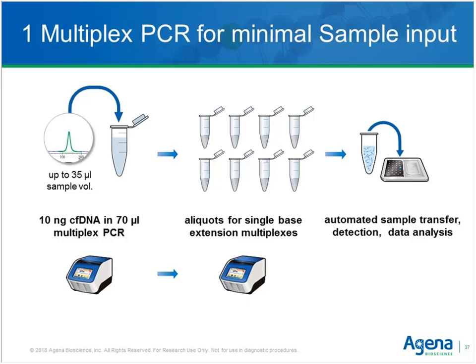Here at Agena, we start from a single initial PCR with a volume of 70 microliters, so you have up to 35 microliters for your sample. So even a low concentrated sample can achieve enough DNA, the 10 nanograms that are required for your 1 in 1,000 limit of detection.